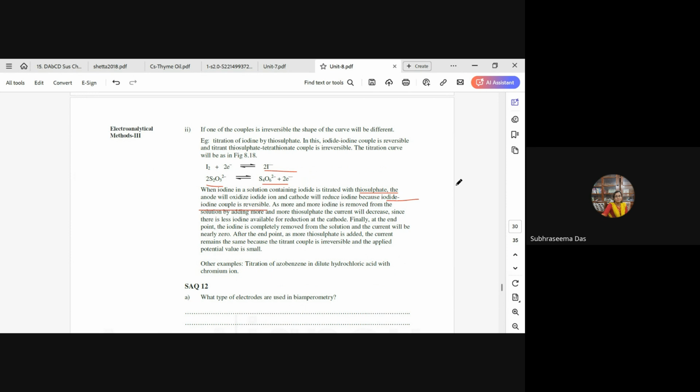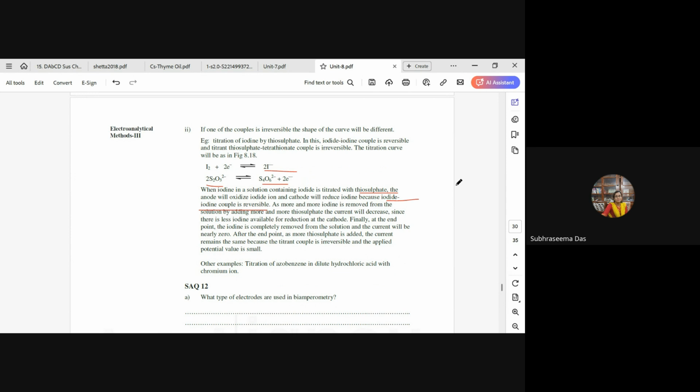Ultimately at the end point, the iodine is completely removed from the solution, and the current reading will be close to zero because of the unavailability of iodine. After the end point, if more thiosulfate is added, the current does not change.